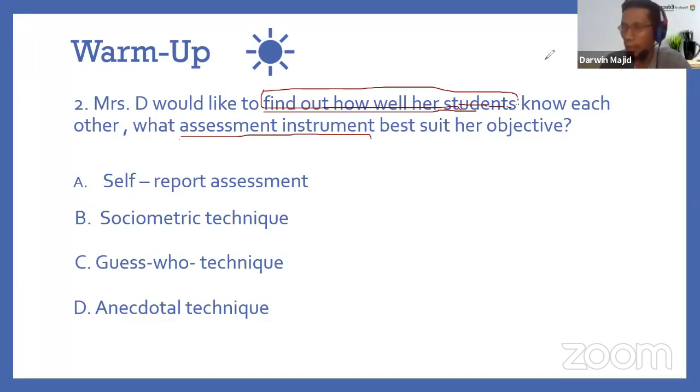So again, we're applying the law of elimination. Sa apat na to, may dalawang distractors, but those distractors are also possible answers. It just so happen, merong mas dalawa that defines really the question. Okay po? So, meaning all of these are assessment instrument.